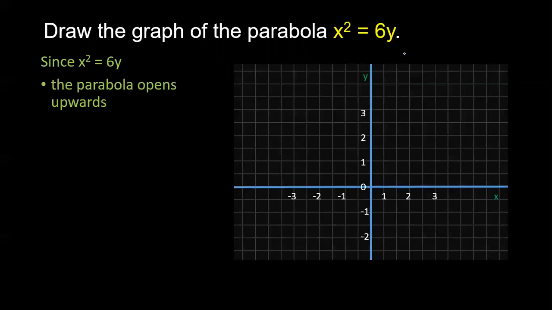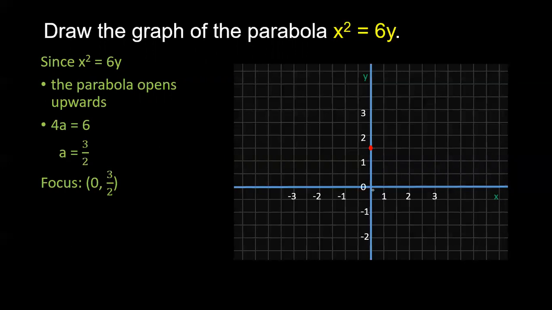Okay? Now, since 4a is equal to 6, then to find a, you have to divide 6 by 4, and you'll get 3 halves. So since it opens upwards, your focus is at (0, 3 halves). (0, 3 halves) is here.